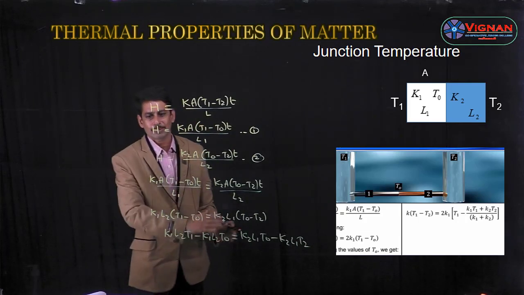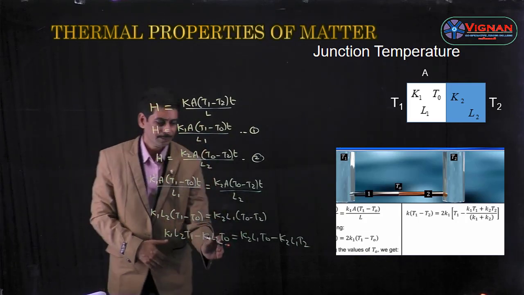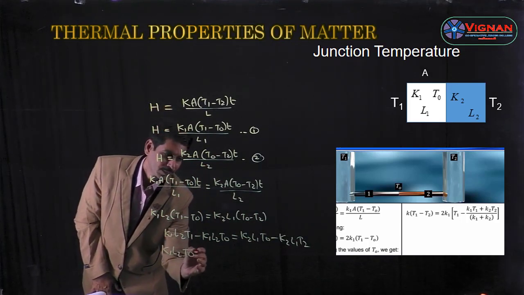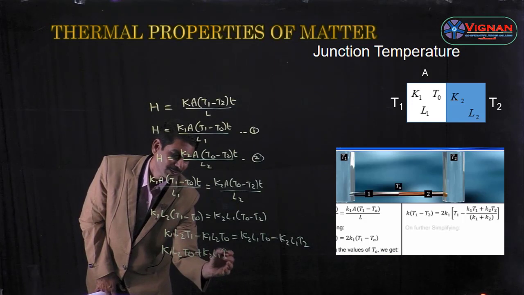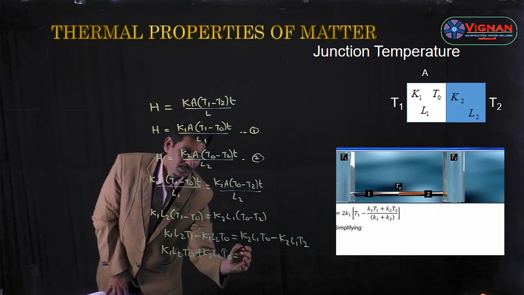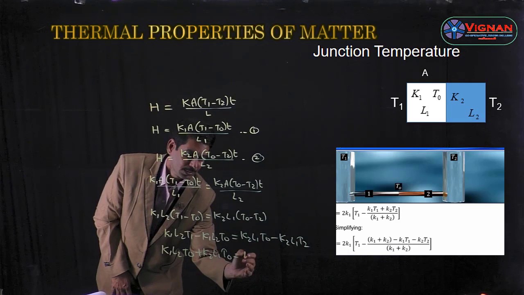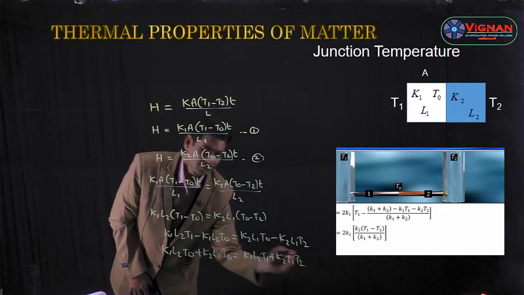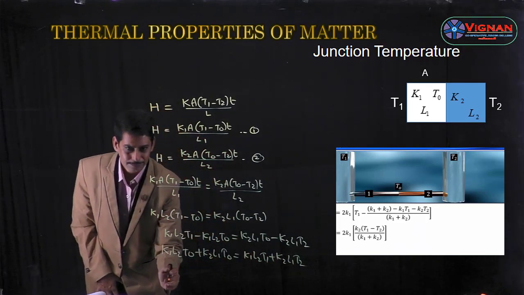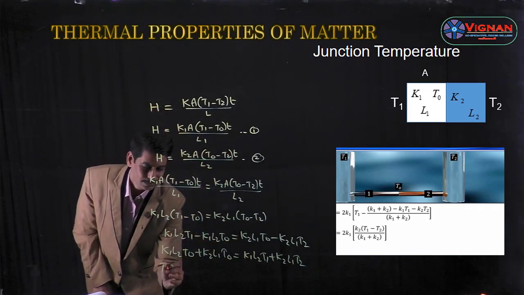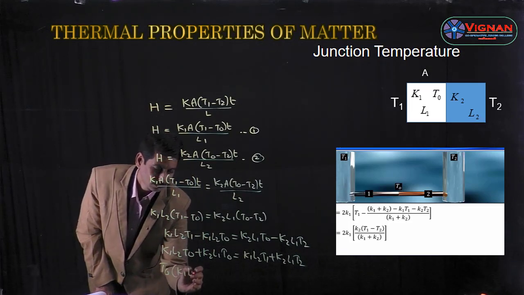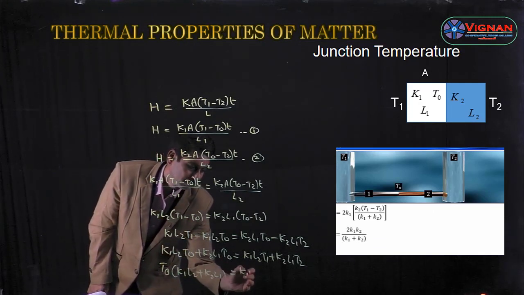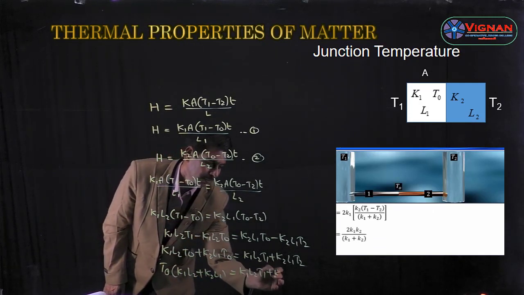And bring the T0 terms to the other side, then it becomes K1 L2 T0 plus K2 L1 T0 is equal to K1 L2 T1 plus K2 L1 T2. Take T0 common here, then we get T0 into K1 L2 plus K2 L1 is equal to K1 L2 T1 plus K2 L1 T2.